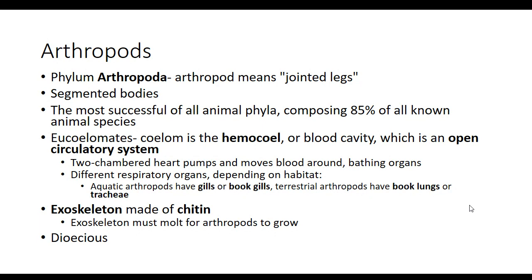But instead of their blood being in blood vessels, arteries and veins all the time, like in us, their blood is sucked into the heart and pumped out, and then the blood just kind of sloshes through the animal instead of staying within blood vessels everywhere.